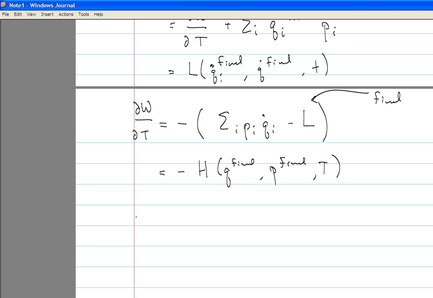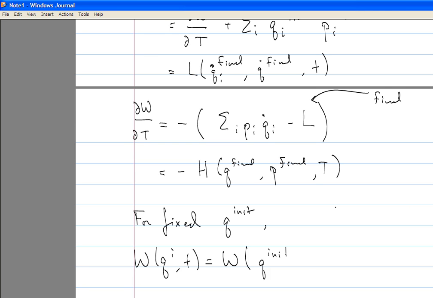If we fix the initial values of the system, if we fix the initial position of the system, and we think of W of Q int, which is the action for fixed Q initial, so we think of this function W, which is a function of position and time, which is just the classical action starting at a fixed Q initial and at a Q final, which is equal to Qi, and time big T equal to little t.